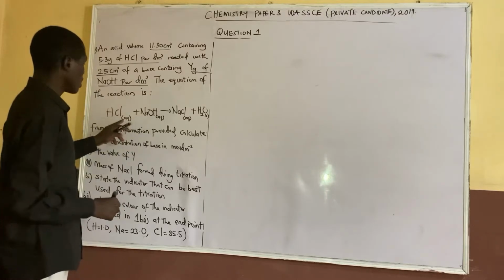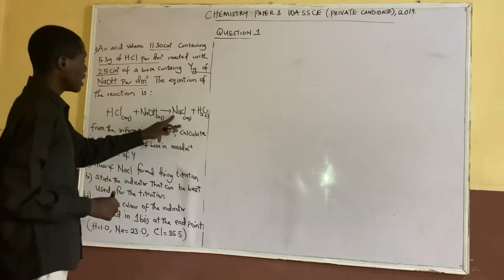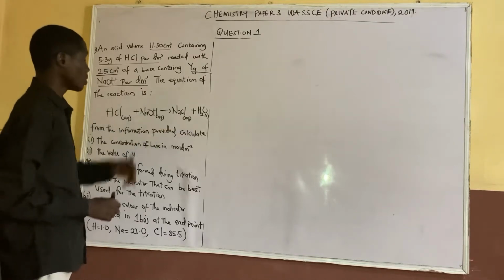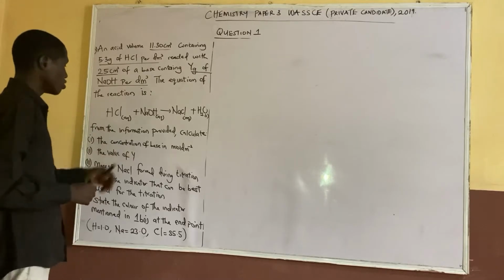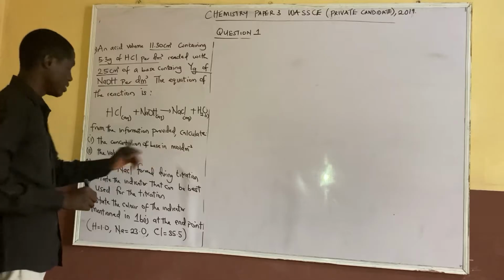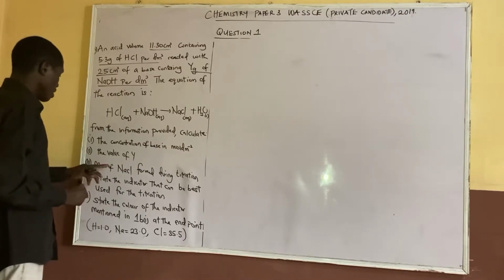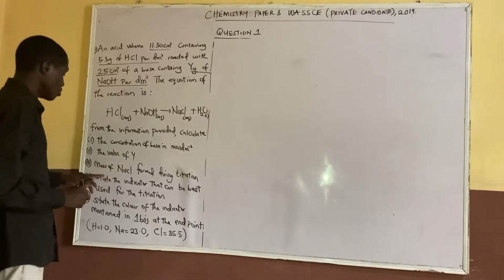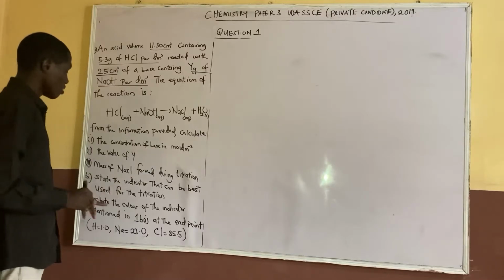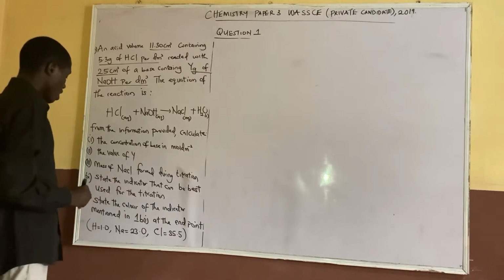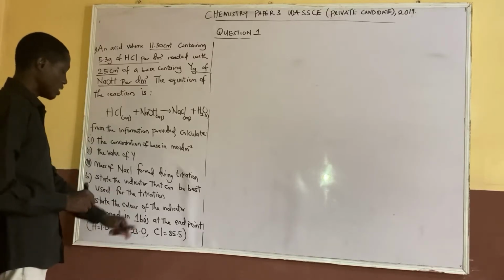gives aqueous sodium chloride plus water. Now, from the information provided, calculate the concentration of the base in mole per dm3, the value of Y, and the mass of sodium chloride from doing the titration. Part B says state the indicator that can be best used for the titration, and also state the color of the indicator mentioned in 1B at the end point.